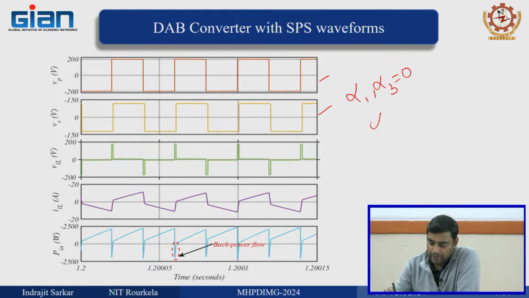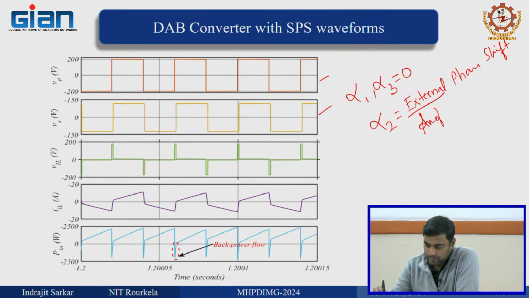You run it for different values of alpha 2, the external phase shift angle, and see how much the power flow is. This is the power flow waveform that you will get in SPS, with some negative portion. So, these things you have to observe.